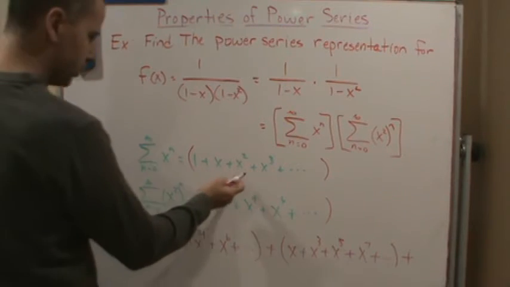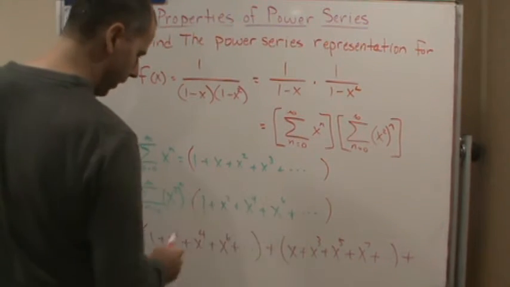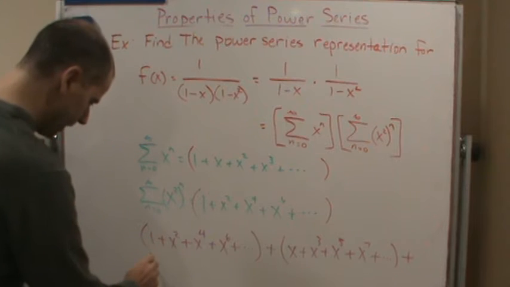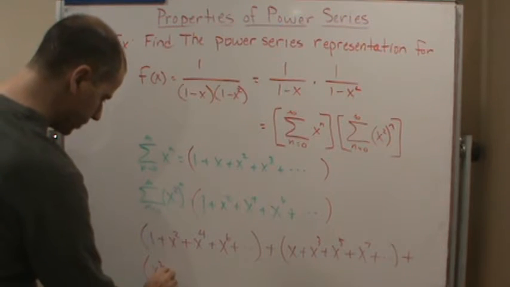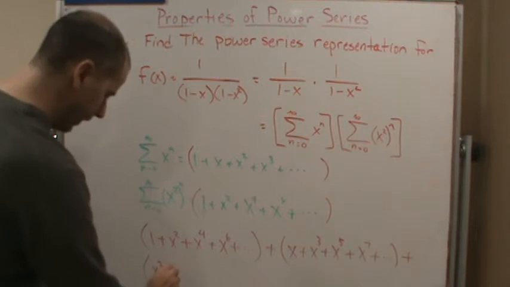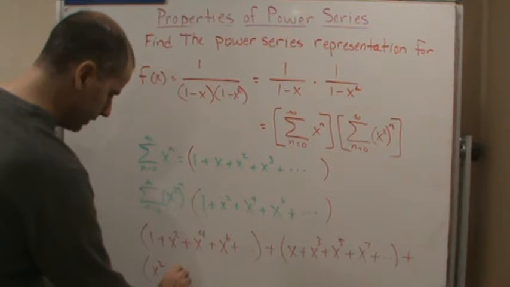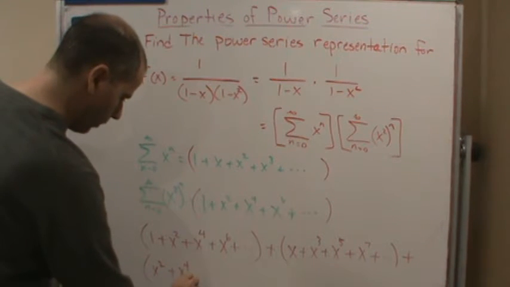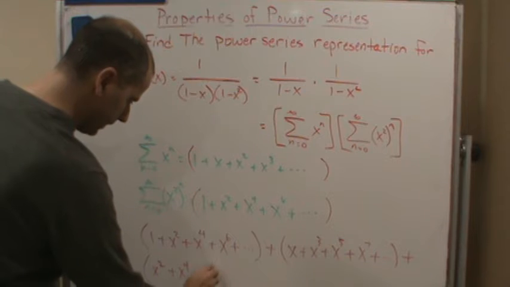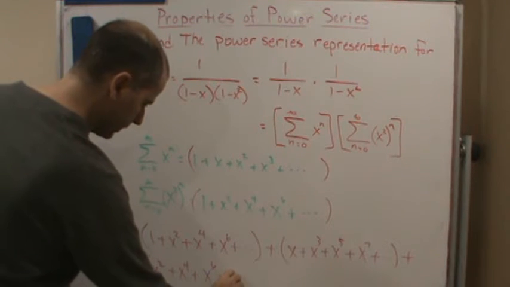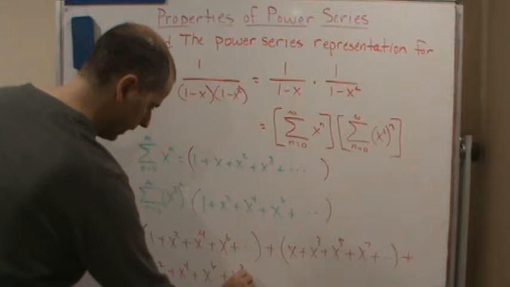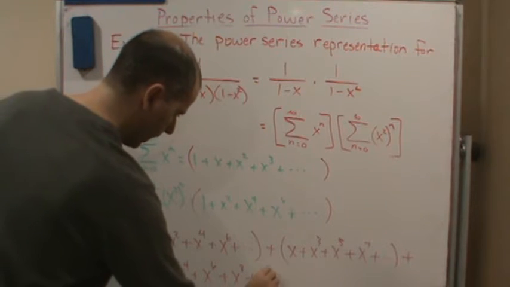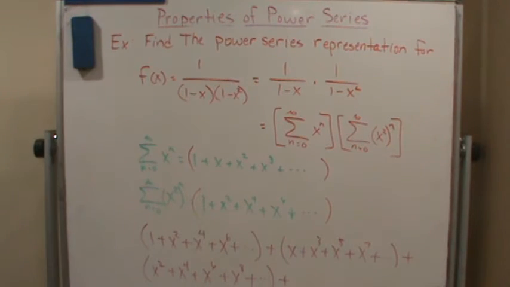Now we're going to multiply this whole thing by x squared. So what happens now? Now we're going to get x squared plus x to the 4th plus x to the 6th plus x to the 8th plus, and so on, plus, okay, now what else? Let's see here.